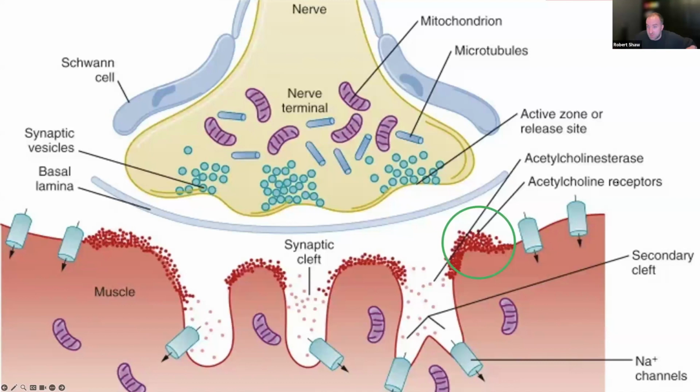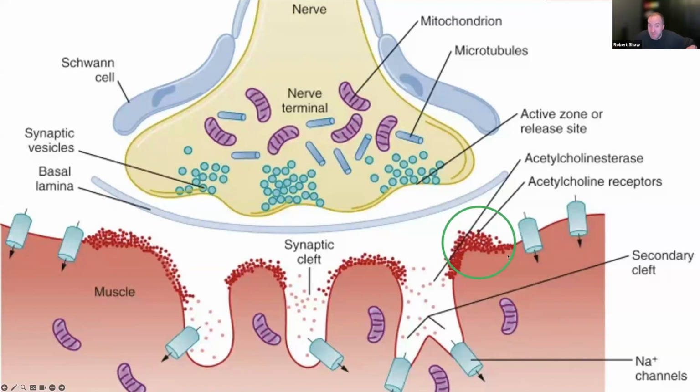Acetylcholine binds to acetylcholine receptors, which are these little red things that I highlighted in green, on the postjunctional membrane, which is here. The receptor opens, we have exchange of sodium and potassium, and then the muscle contracts. Clearly, there is much more happening physiologically here, but that is a good understanding of how these drugs are going to work as well.